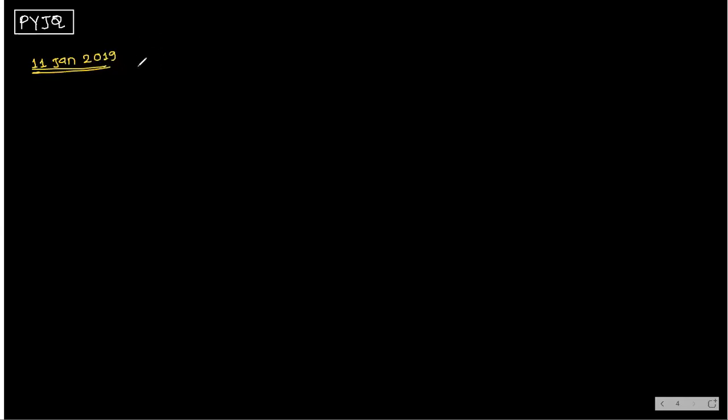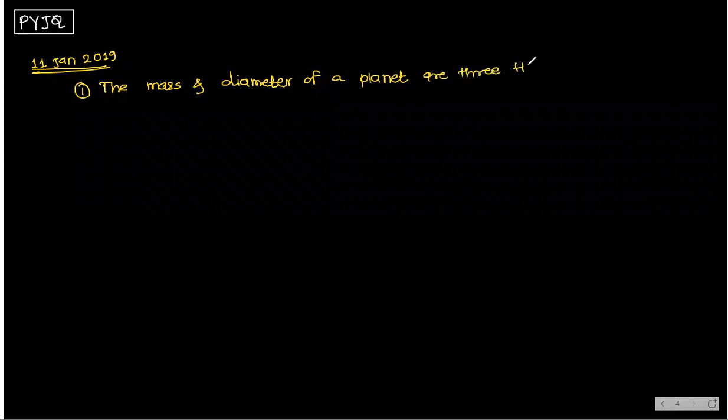So the question is, I'm giving one number here. The mass and diameter of a planet are 3 times the respective values for the Earth.